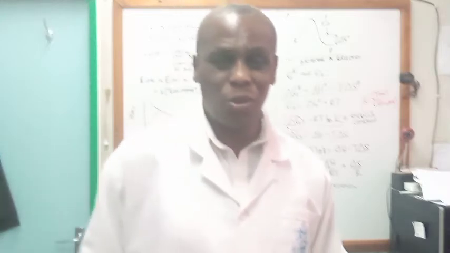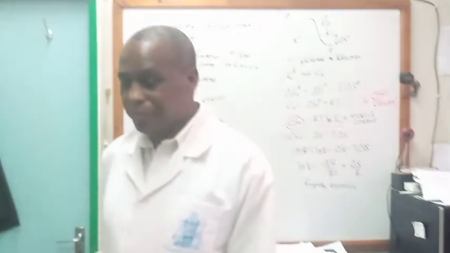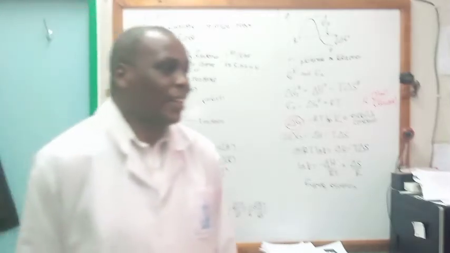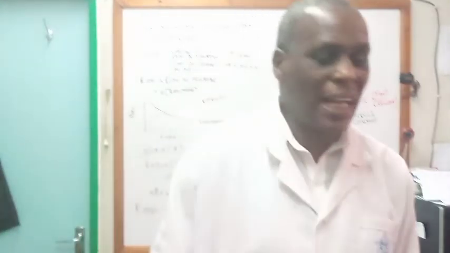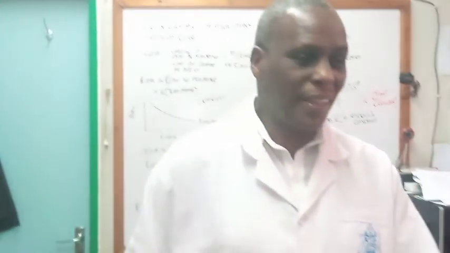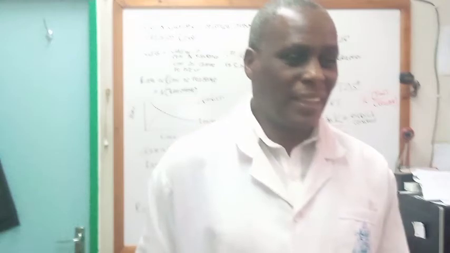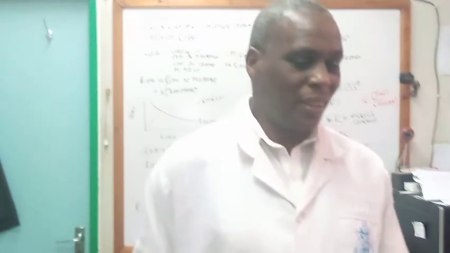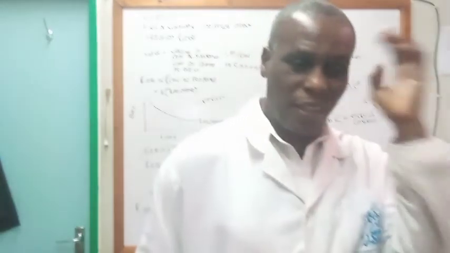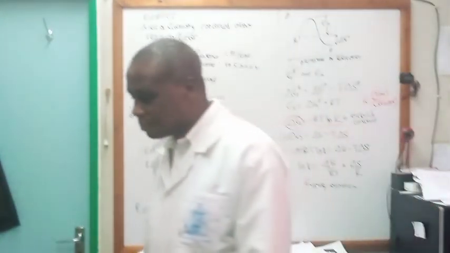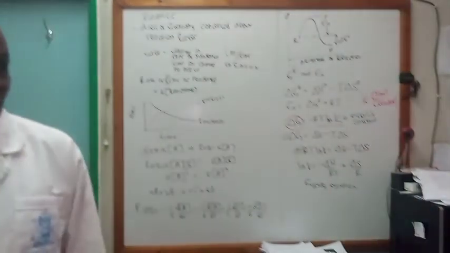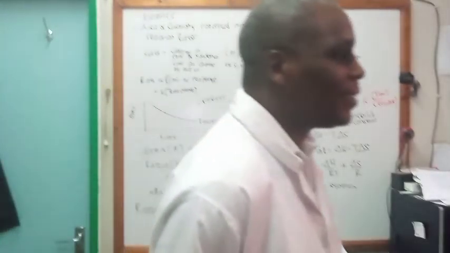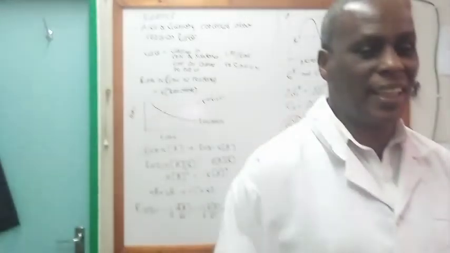So you can be able to determine the concentration of the carboxylic acid that you are forming, maybe by doing a titration with sodium hydroxide and with phenolphthalein.